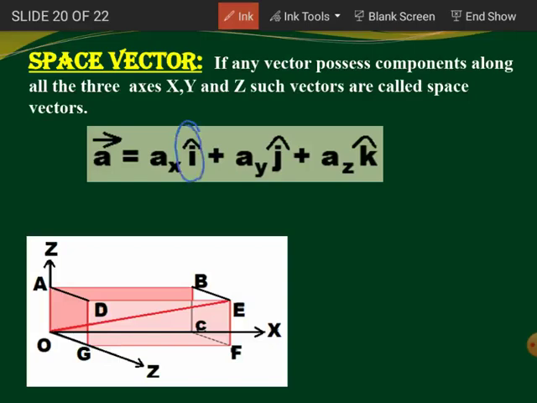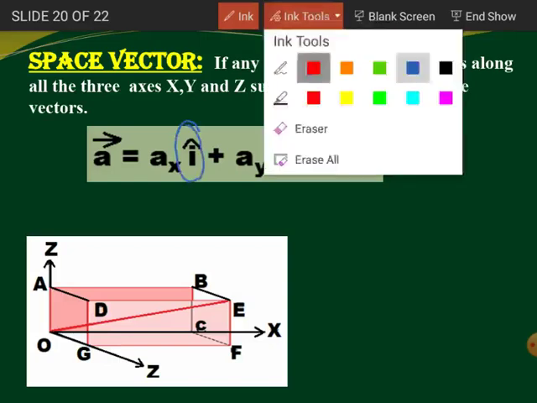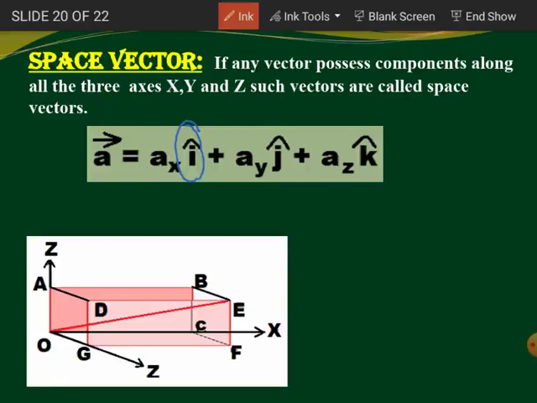I cap is the unit vector along the x-axis, j cap is the unit vector along the y-axis, and k cap is the unit vector along the z-axis.